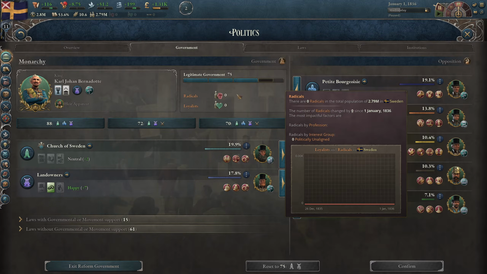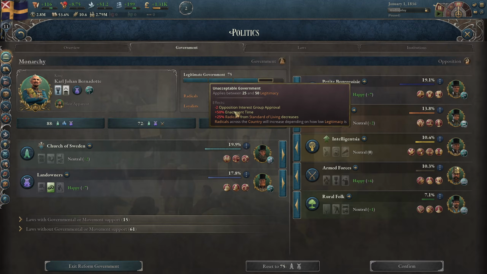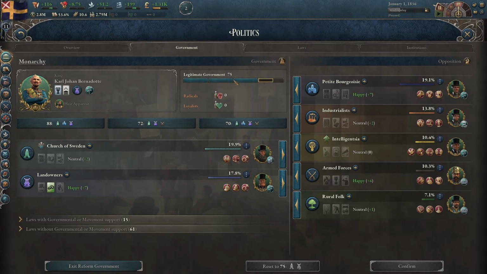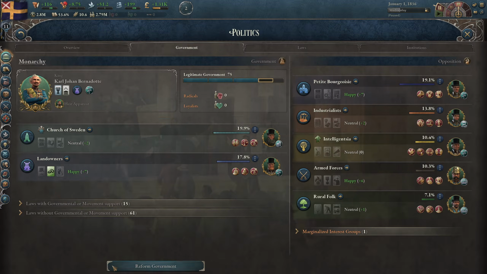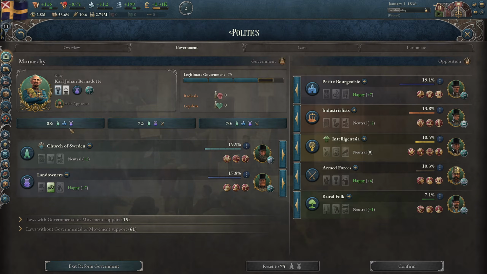And we get no penalties. When we are at lower, the enactment time of laws goes down, and people that are in the opposition will become angry, and you get more radicals when your standard of living decreases. So you always want to be above 50%, because when you're above 50 you only get -1 opposition, and that is manageable. But as you can see, when you click on a reform government, we have a better option.